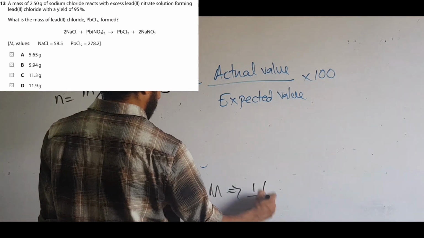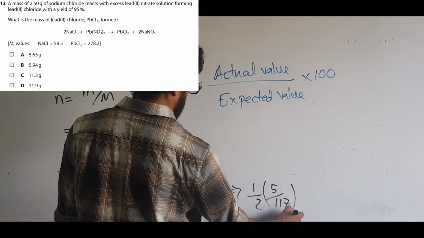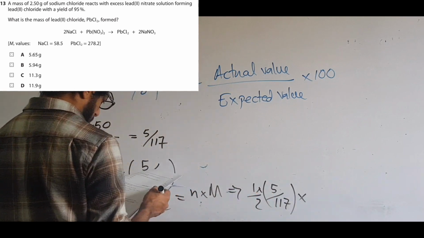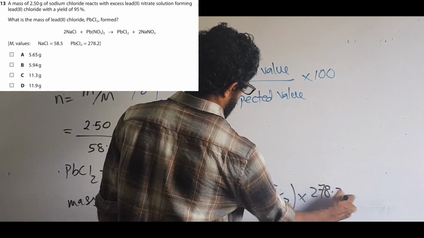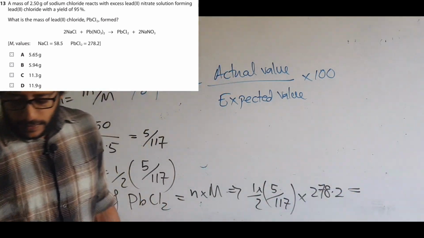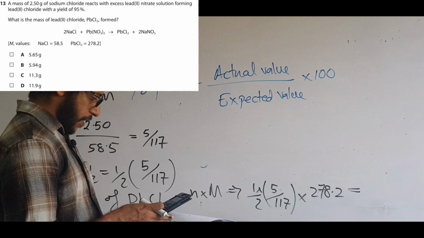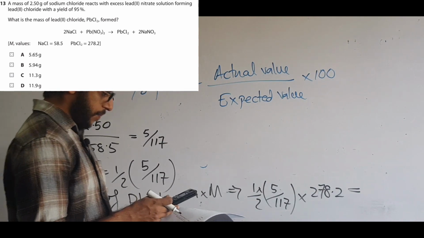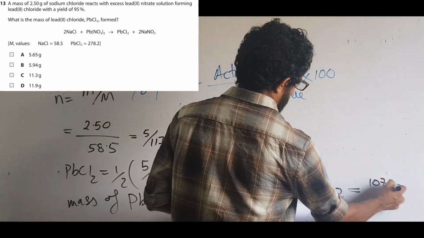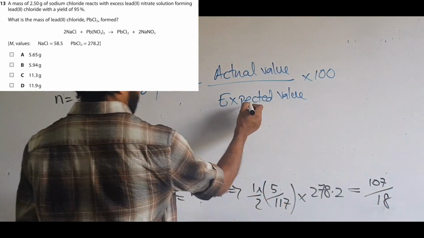So, half times 5 over 117, times molar mass of lead chloride 278.2. That answer, divided by 2 multiplied by 278.2, is 107 over 18. So, that is the expected value.